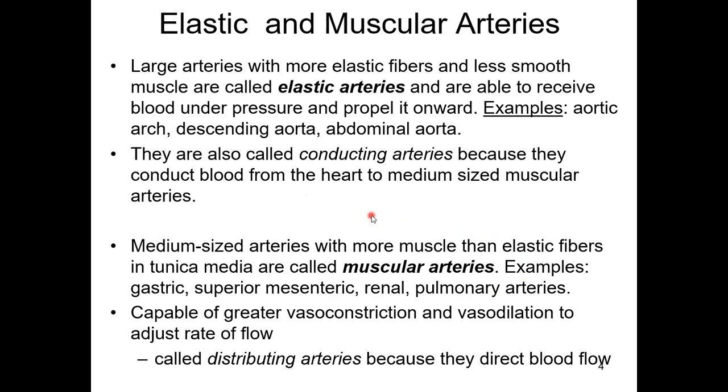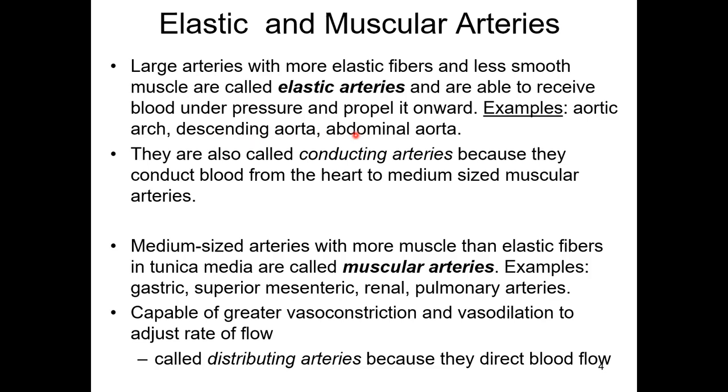There are some arteries, especially very large ones, that are called elastic arteries. On that heart model, any parts of the aorta, whether ascending, descending aorta, aortic arch, the abdominal aorta, are all examples of elastic arteries.